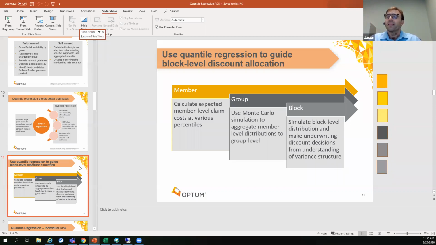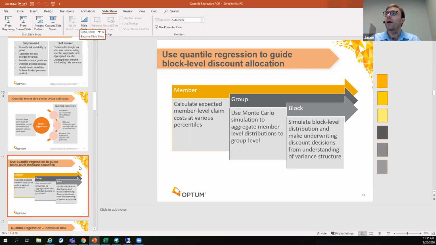That's limited, but we can use these distributions through a Monte Carlo simulation to look at group level distributions of risk. And it's those that I think are really critical, to be able to compare groups' distributions to each other and to quantify the group's percentiles based on each group's morbidity.